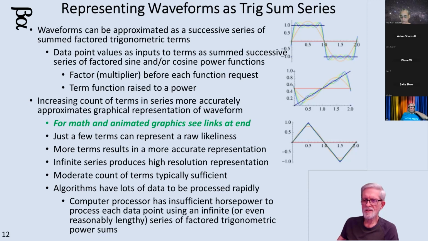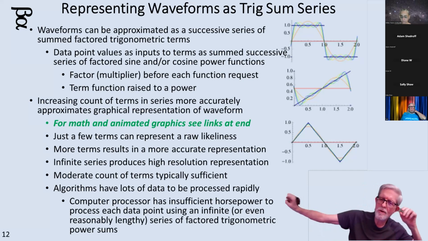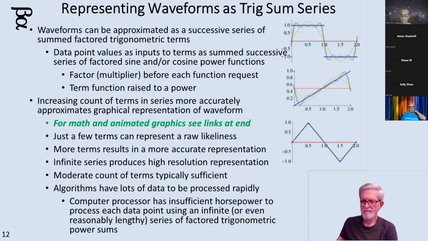So if I start with just a sine curve, I get my sine curve. But if I throw in additional waveforms that are factored to be smaller or narrowed amplitude, I can actually synthesize my square wave using a long series of sine waves that are different factors.